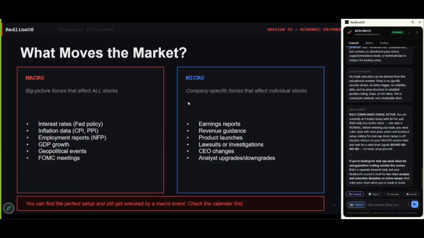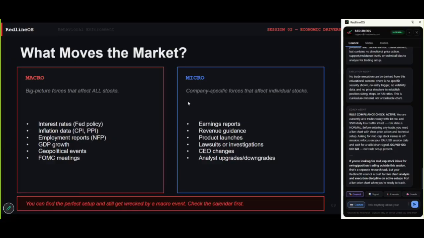Then things like product launches, right? So we have Google launching another AI agent, Nano Banana. We have maybe Apple launching another iPhone, another iPad. Those can actually move the price of a stock on any given day. We have things like lawsuits or investigations.